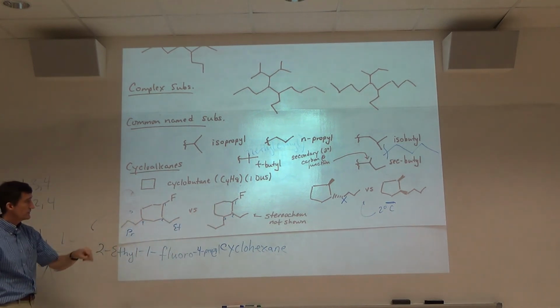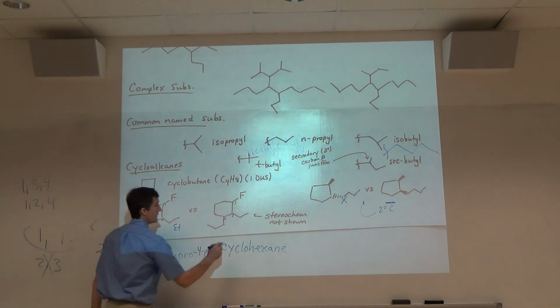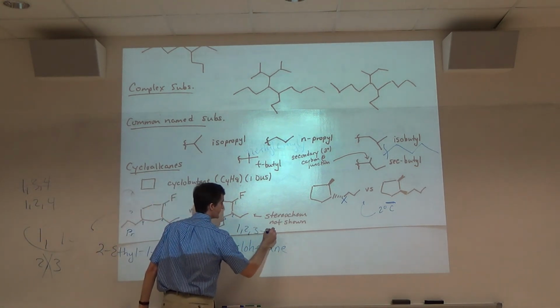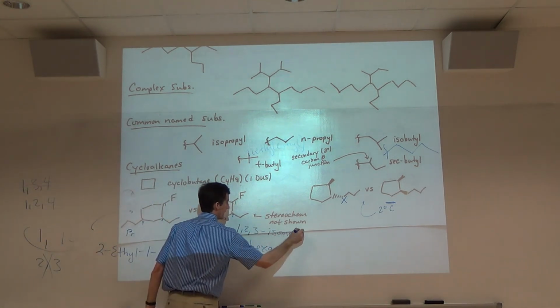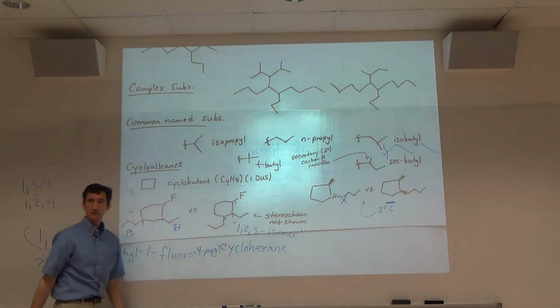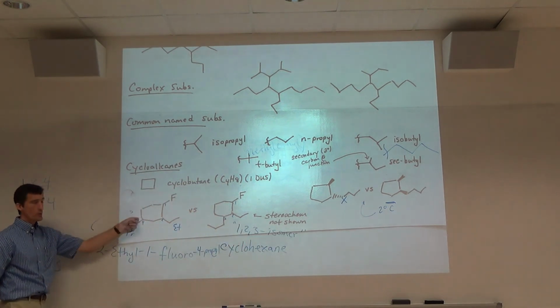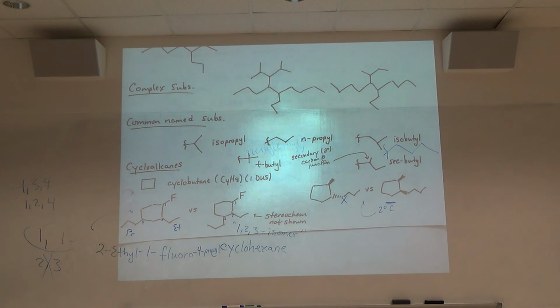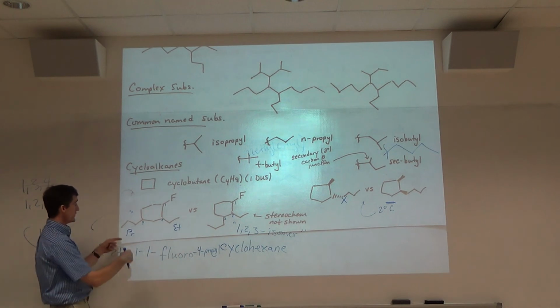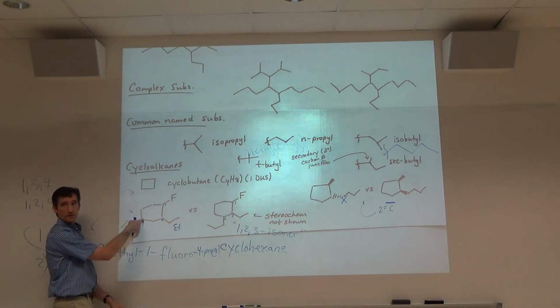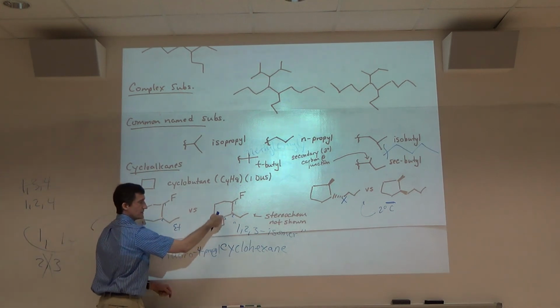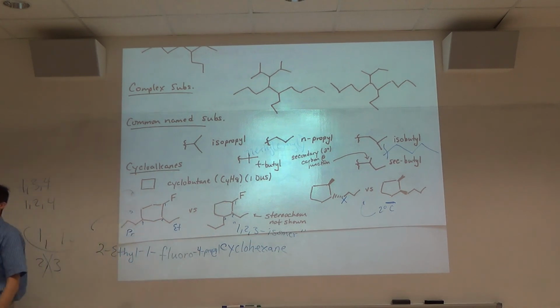What's the difference? This is the 1, 2, 3 isomer. And this is the 1, 2, 4 isomer. What type of isomers are they? Constitutional, because the difference is, here the propyl is connected at the 4 position, here the propyl is connected at the 3. Different connectivity. And different names.